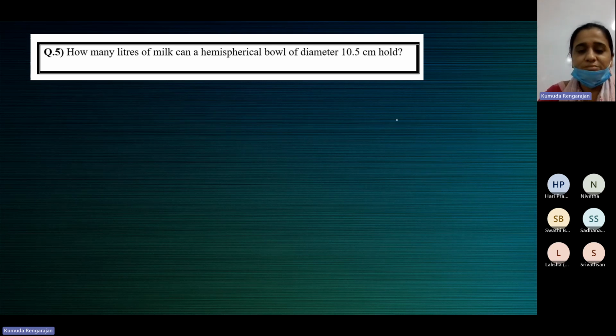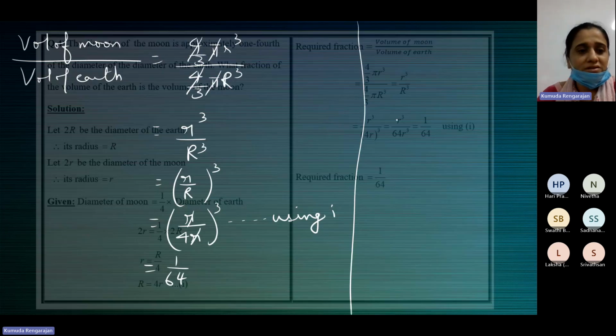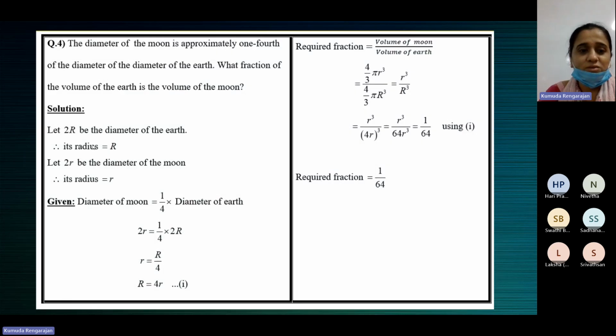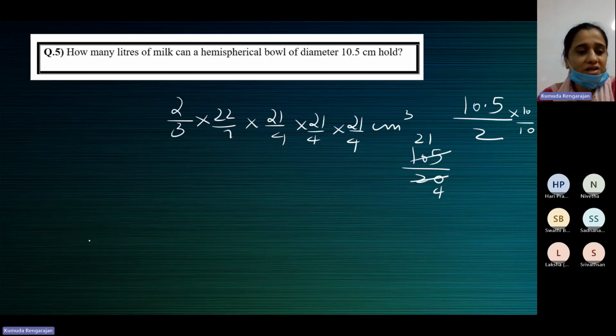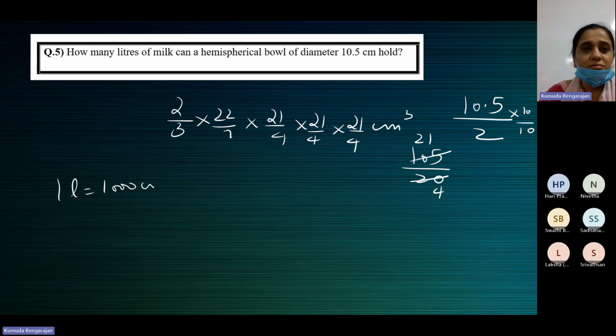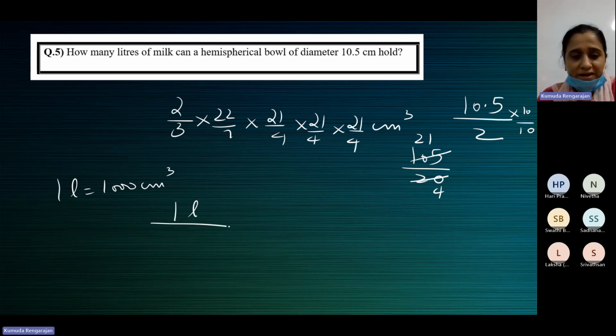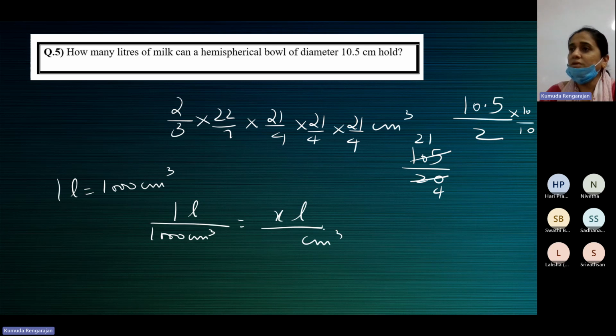So what is the relationship between centimeter cubed and liter? 1 liter is equal to 1000 centimeter cube. Please write it like this: 1 liter by 1000 centimeter cube is equal to x liters by whatever answer you get here in centimeter cube. Now cross multiply, you will get the answer.